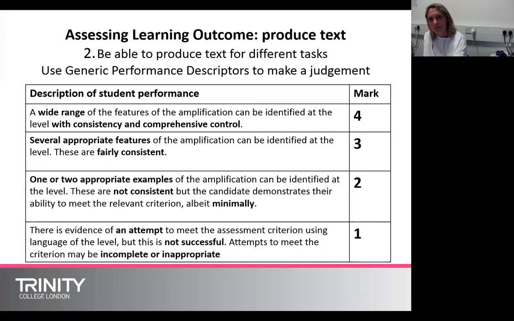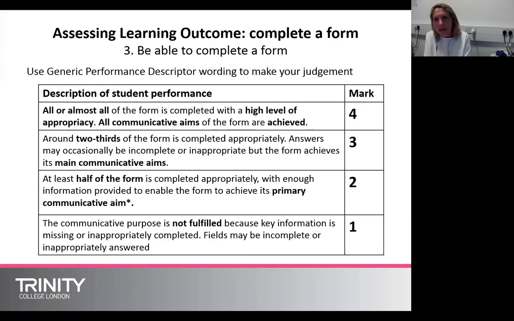And the third generic performance descriptor is used for the one learning outcome related to completing a form. This at level 1, at level 2 would be a form with some open answers.